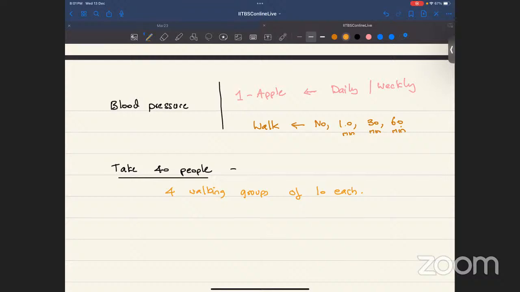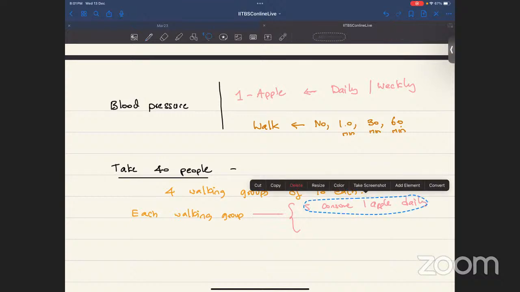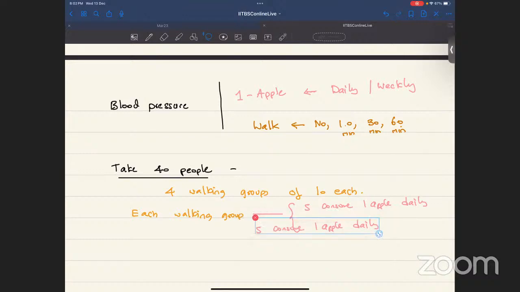Within each of the walking groups, I'll split them into 5 who consume one apple daily and 5 who consume one apple weekly.